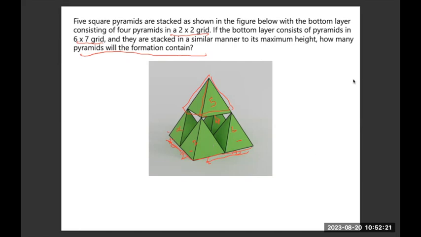Shrujal, wrong answer. Kavya, wrong answer. You have to find the number, okay? Number of pyramids. This will take some time. Try solving it. Rishabh, correct answer. Try solving this. Yana, wrong answer. Darsh, wrong answer.